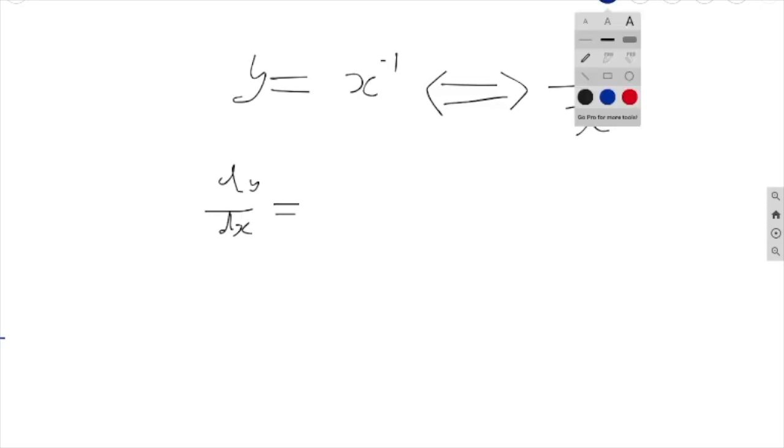So we'll use the same rules as per usual. We take this power number here, and we take it over to the front, and then we minus 1 from it. It's the same rules even if it goes negative.